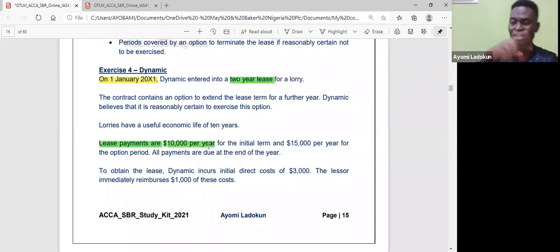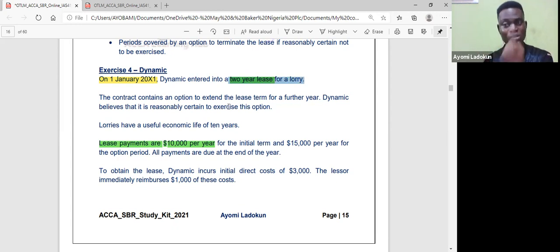But let me quickly say this, my lease term, unlike what you know before, you always say that's a lease period. But IFRS 16 says lease term contains 3 things. It said non-cancellable period. So let me ask, where is my non-cancellable period? It said Dynamic entered into a 2-year lease for a lorry.